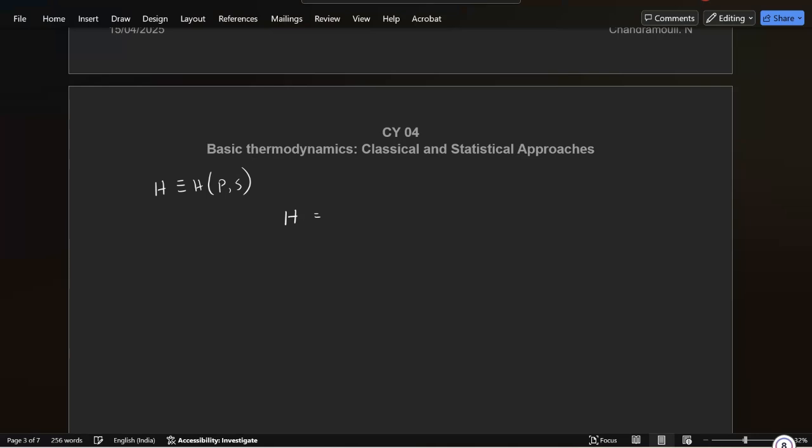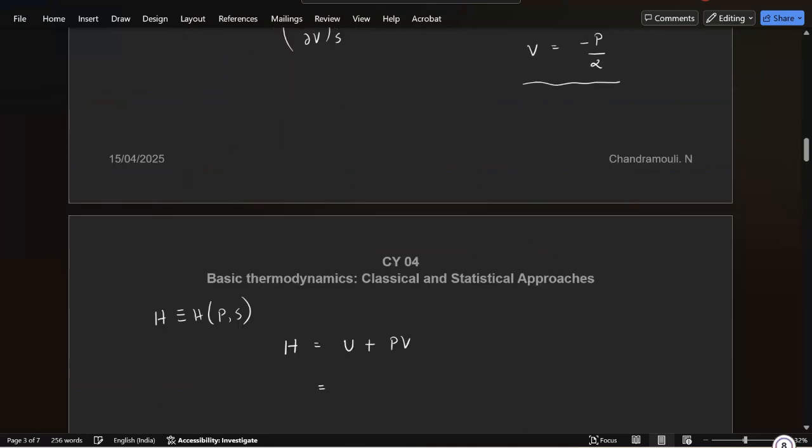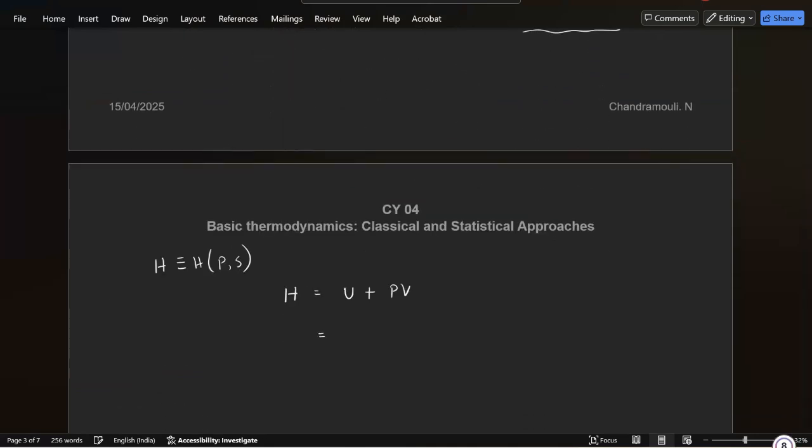H is equal to U plus PV, right? So this is the enthalpy formula. So U is already given. What is the U value? 2S square plus 4 plus V square. 2S square plus 4 plus V square plus PV.